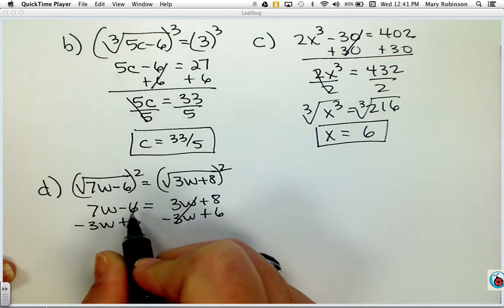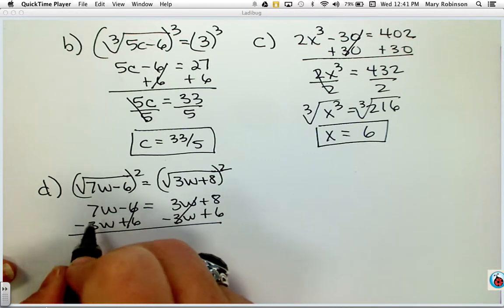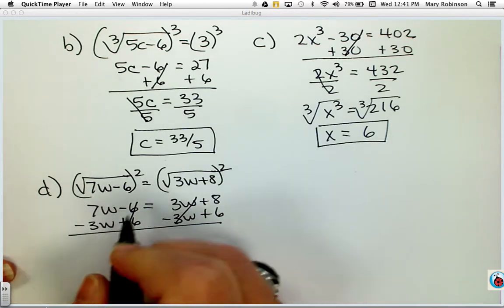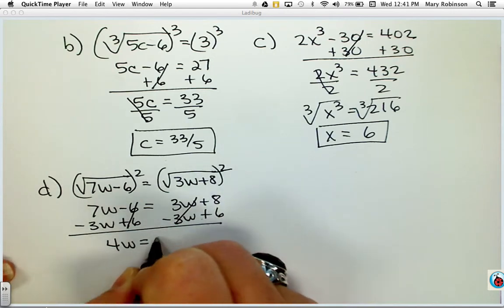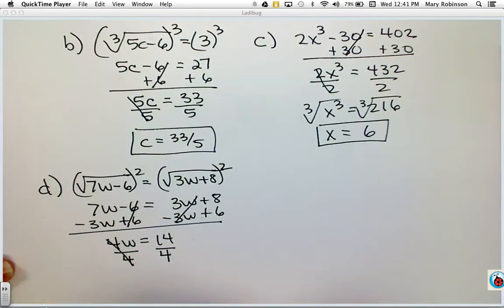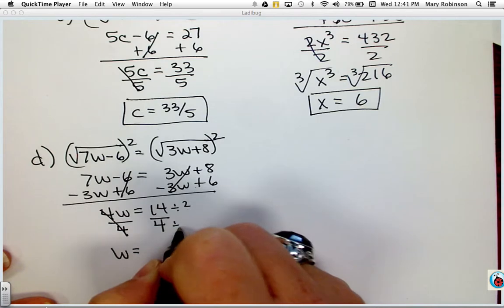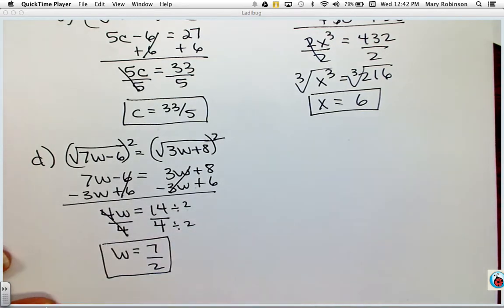So the inverse of subtracting 6 would be to add 6 to both sides, so it will zero out. 7w minus 3w is 4w. 8 plus 6 is 14. Next, divide both sides by 4. Both of these are divisible by a common factor of 2, so we get 7 halves.